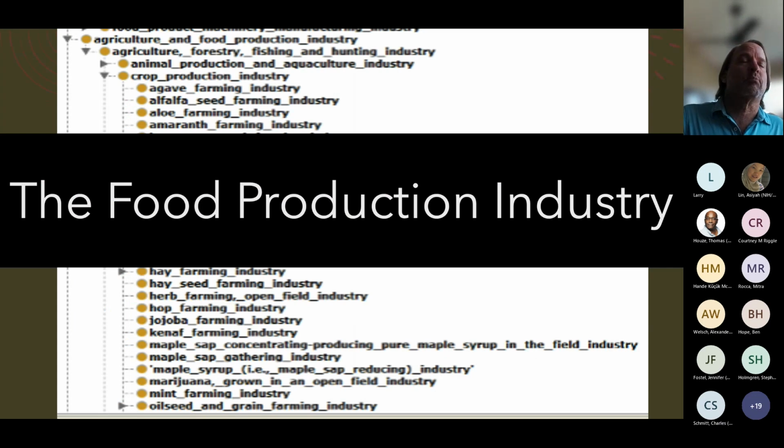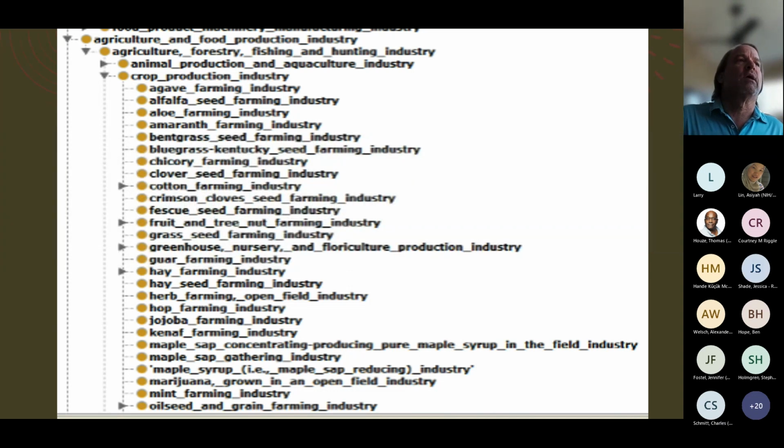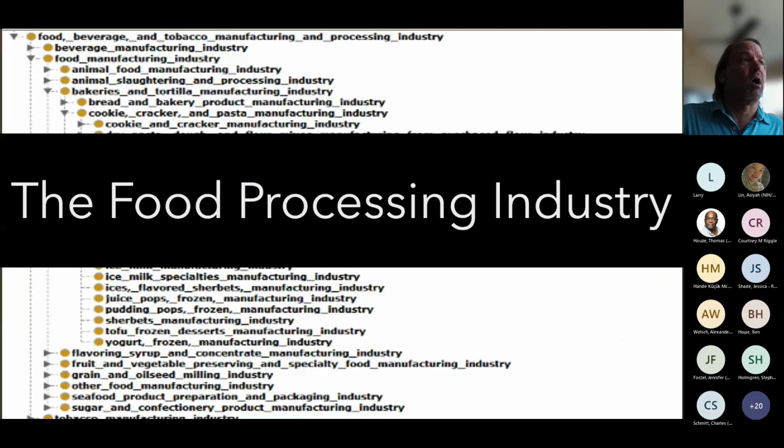And similarly, we can begin to use things like NAICS codes and SIC codes, industry classification codes, to begin to build ontologies about food systems actors. This is an ontology about the food production industry. We also have something similar around the food processing industry.